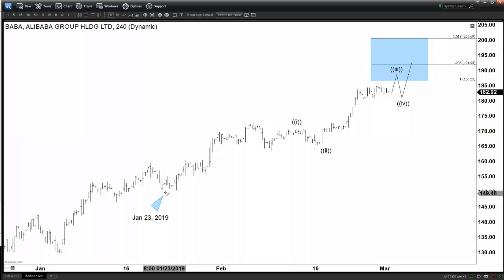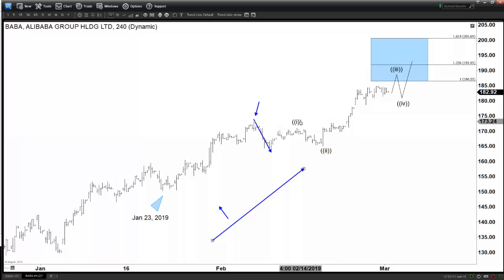If we look at it starting from the January 23rd low, we got a rally from here, and then we have a correction, and after this cycle is corrected by this cycle, it made a new high and extends higher again. If you look at this move from this low to this high, that also looks like 5 waves.